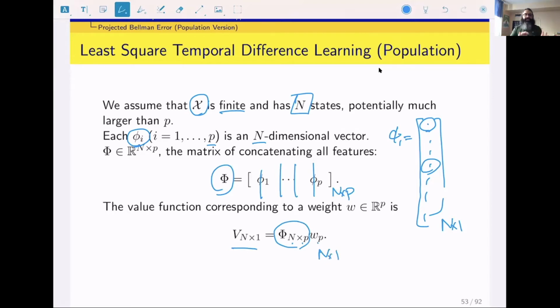Now I just plug these things back into that fixed point equation for the projected Bellman error.